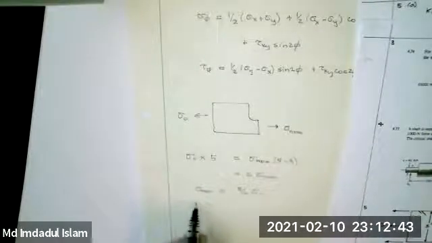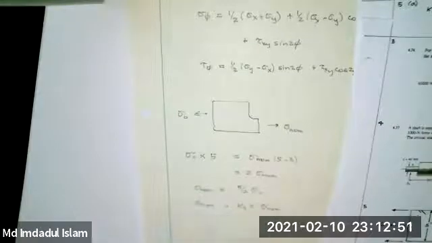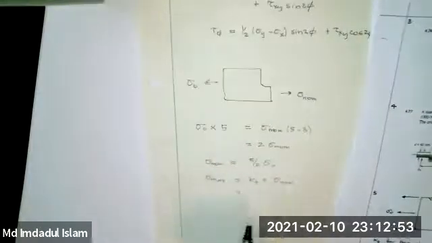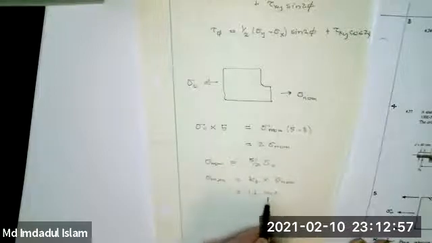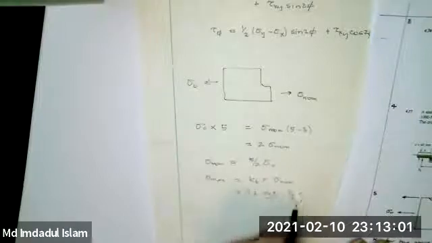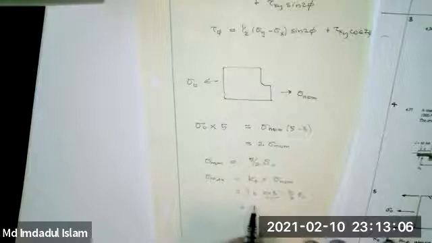I said the maximum stress is KT times sigma nominal. And KT was just 1 plus 2 times 3 upon 1, times 5 upon 2, times sigma naught. And that gets you 17.5, or roughly 18, times sigma naught.